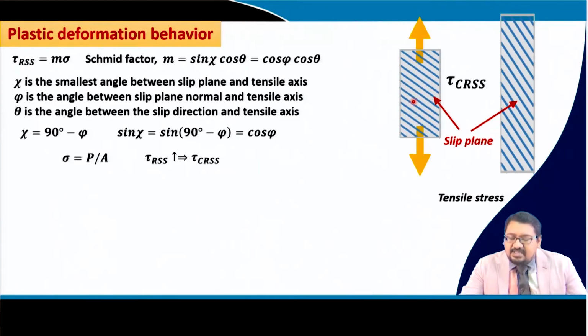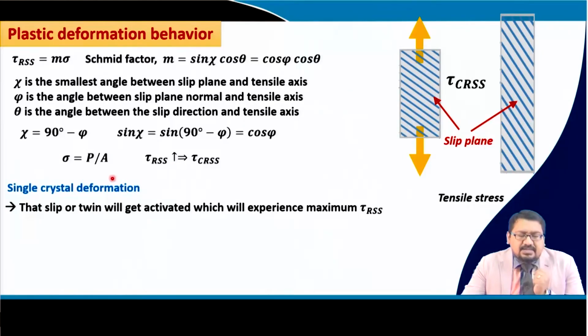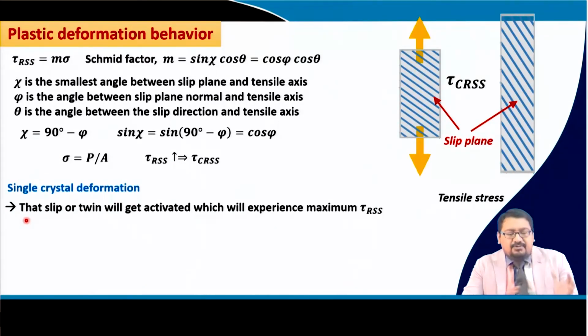And you will see that while this dislocation slip is going to occur, the particular slip plane and the slip direction will try to align itself towards the loading or the tensile direction, right. Now, so if we say single crystal deformation, that slip or twinning may get activated, and it will be the one which will experience the maximum tau RSS, that is the resolved shear stress, right.